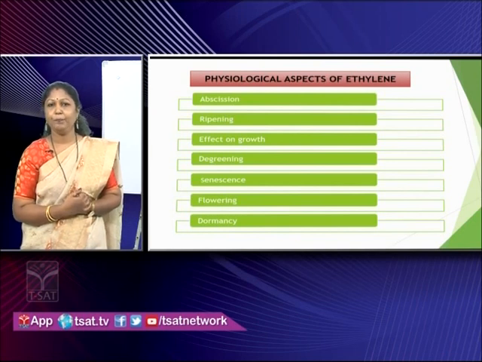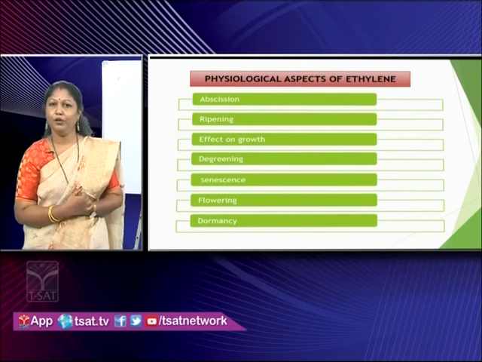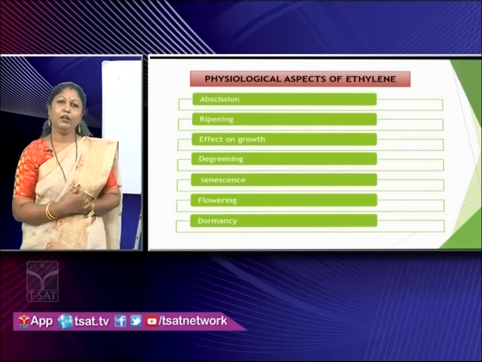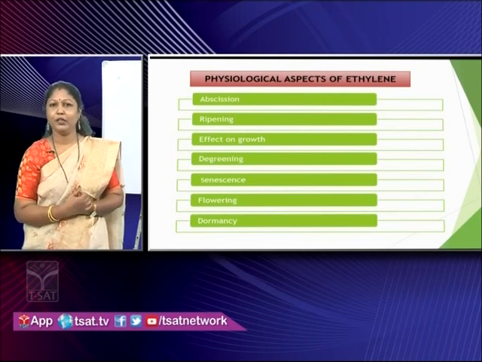This ethylene can lead to degreening of the fruit wall layer, leading to yellowing, maturation or ripening of the fruit. This ethylene can cause its effect on climacteric fruits like bananas and tomatoes, but it does not have an effect on non-climacteric fruits like oranges or grapes.